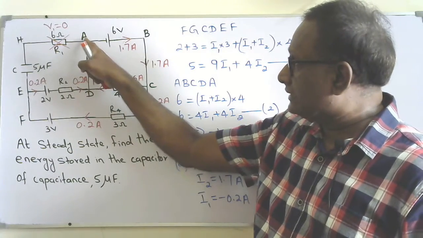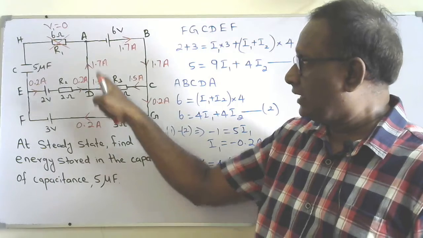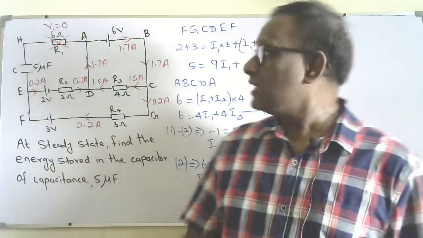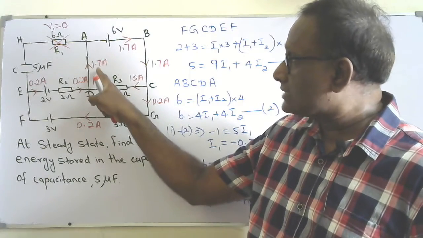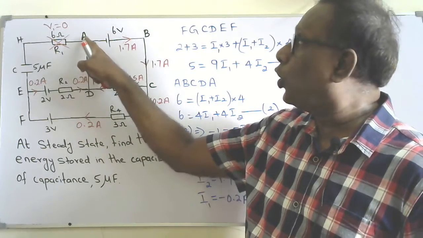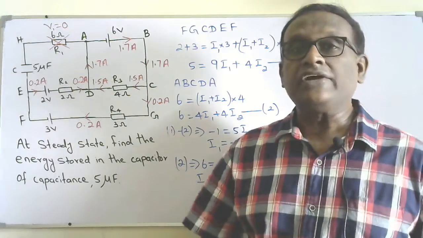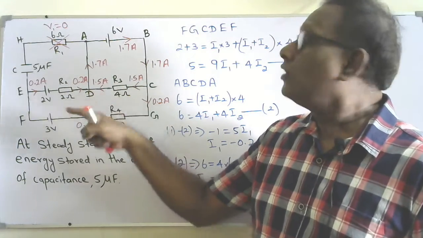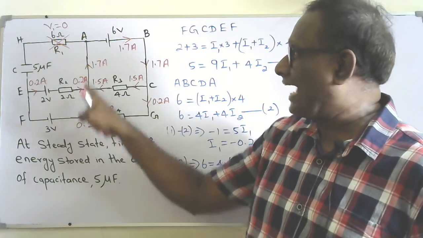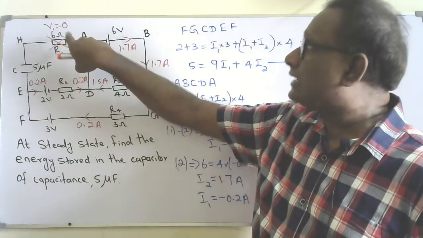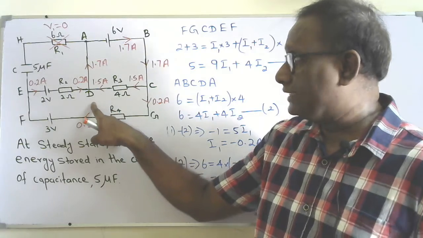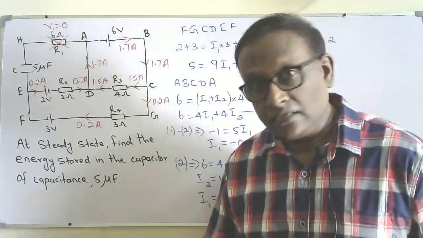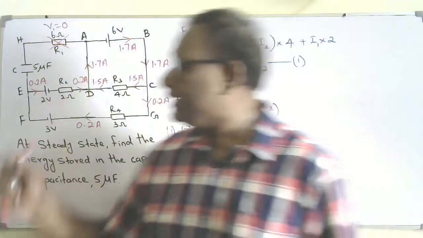In the same way, consider this wire. We normally take connecting wires to have no resistance. On this wire there is a current flow of 1.7 ampere, but no resistance. Therefore, using V equals IR again, R equals 0 for this wire, so there is no voltage across A and D. That means the voltage at A is the same as the voltage at D. The potential difference across A and D is 0.